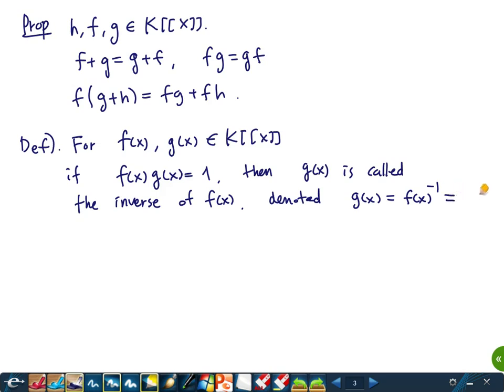Or we will write this in this way, 1 over f of x. This is just a notation. For now, this is just a notation. You can write either this or this, right?